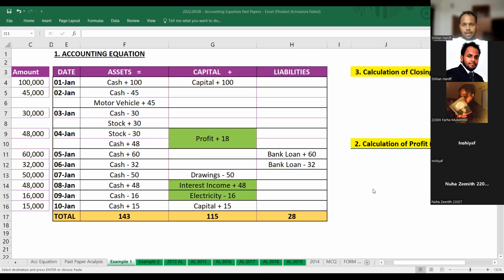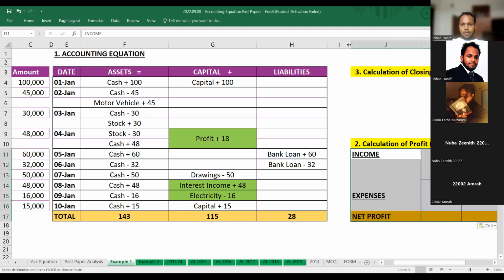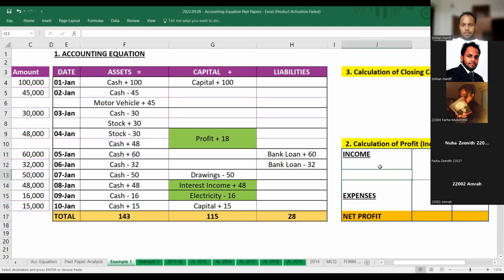Income minus expenses. Net profit is calculated using income minus expenses.